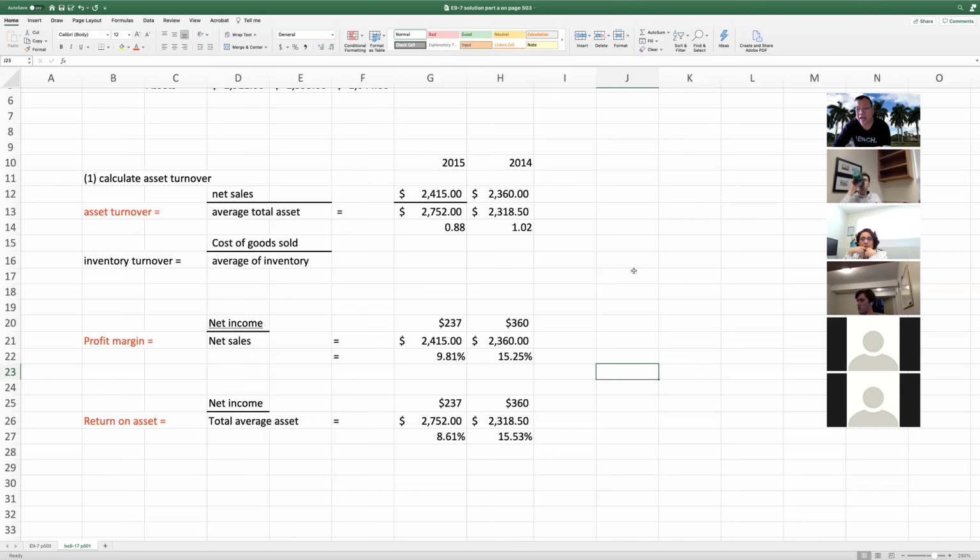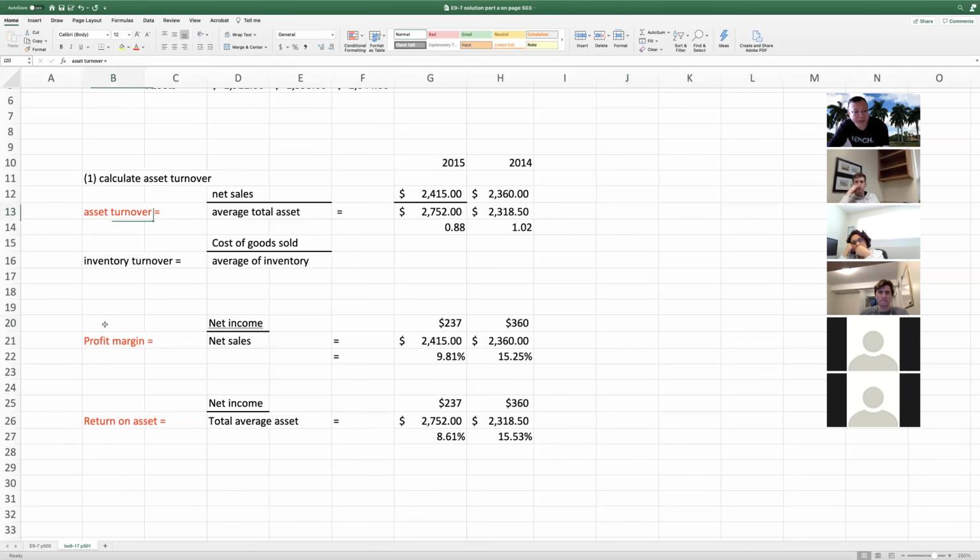Sorry, I just wanted to know the difference, but now I know the difference. One is about the return, what the money returns to your business. Okay, good.